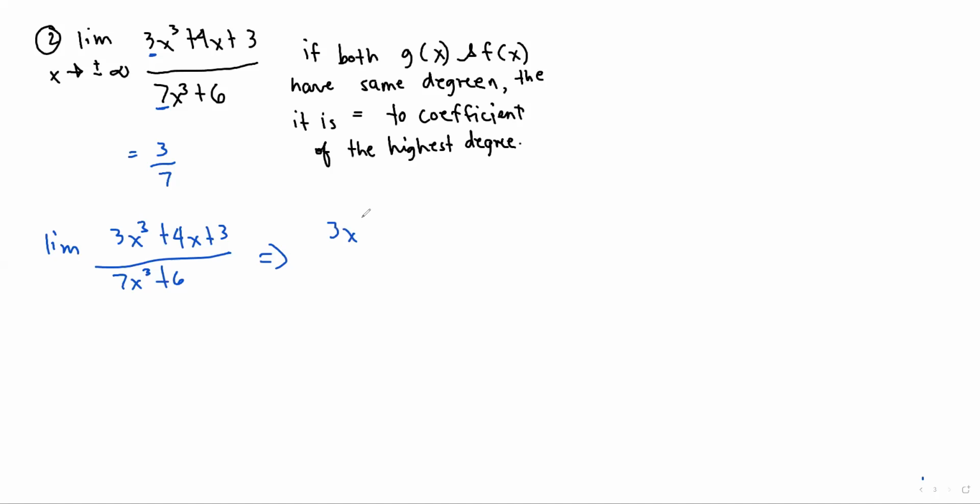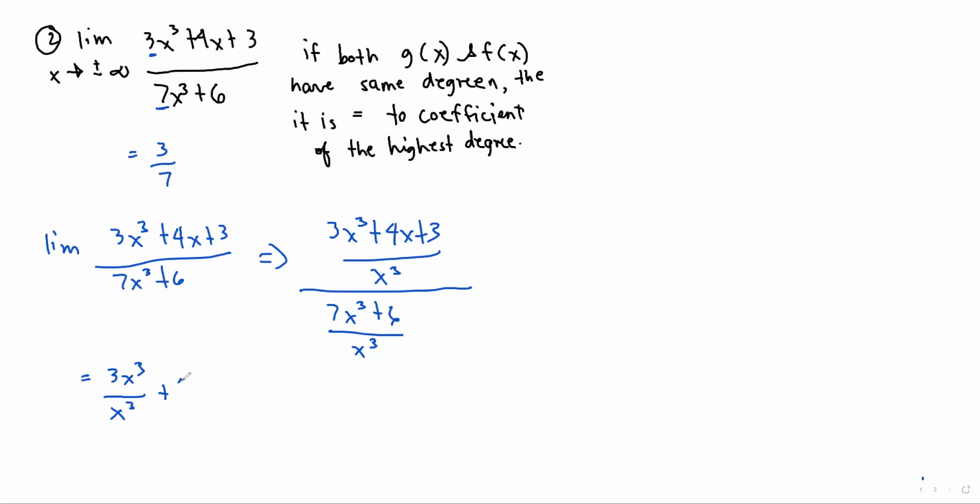So, magiging 3x cubed plus 4x plus 3 all over x cubed, all over 7x cubed plus 6 all over x cubed. Okay, so as what I said, i-dissect natin, pag-hiwalayin yan. So, magiging 3x cubed over x cubed plus 4x over x cubed plus 3 over x cubed, all over 7x cubed over x cubed plus 6 over x cubed.